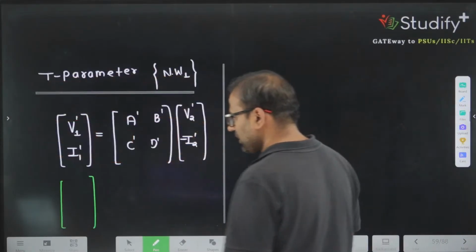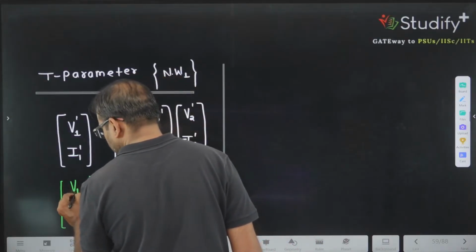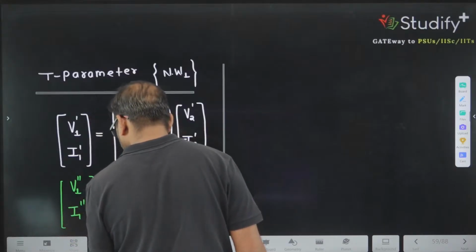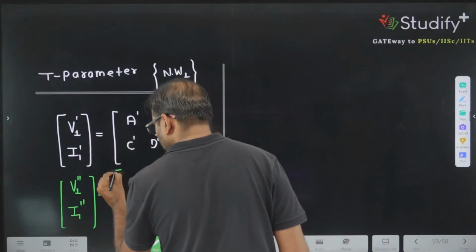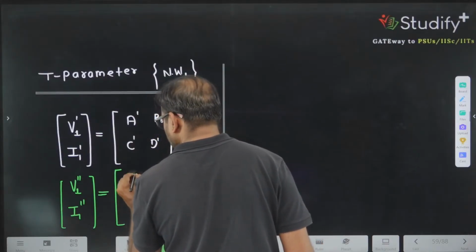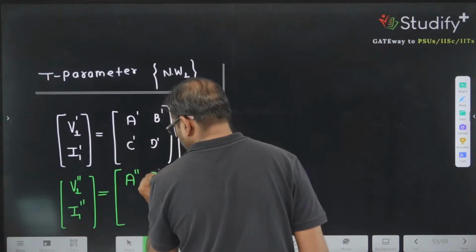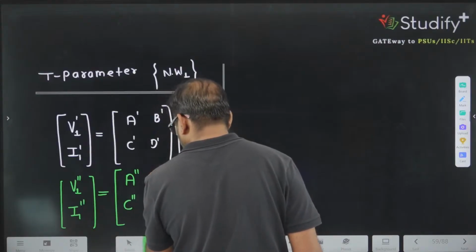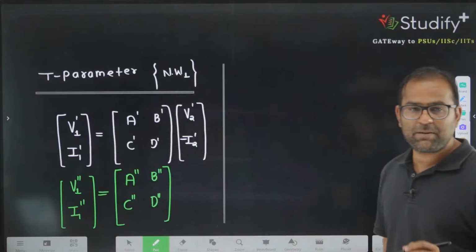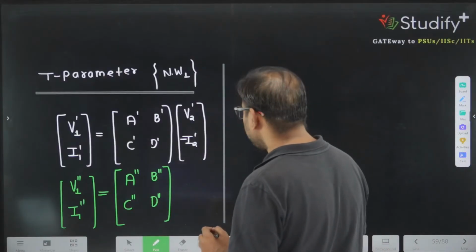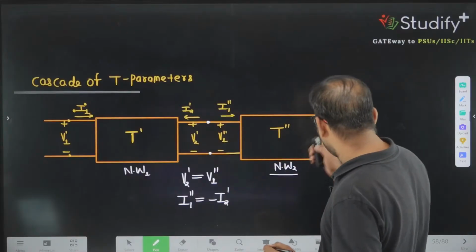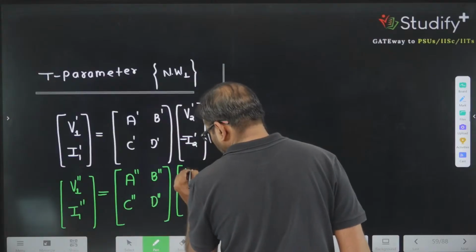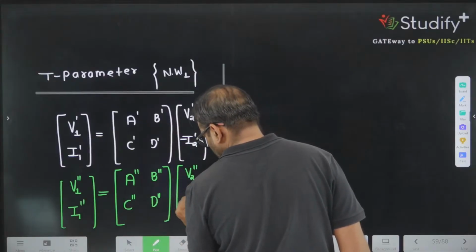So we have V1 double prime, I1 double prime, and this is equivalent to A double prime, B double prime, C double prime, D double prime, multiplied by V2 double prime and minus I2 double prime.